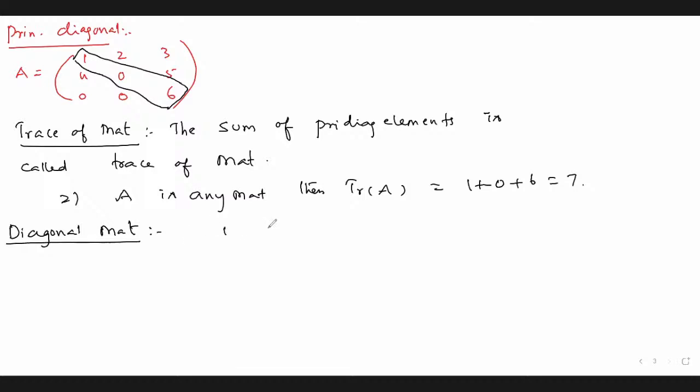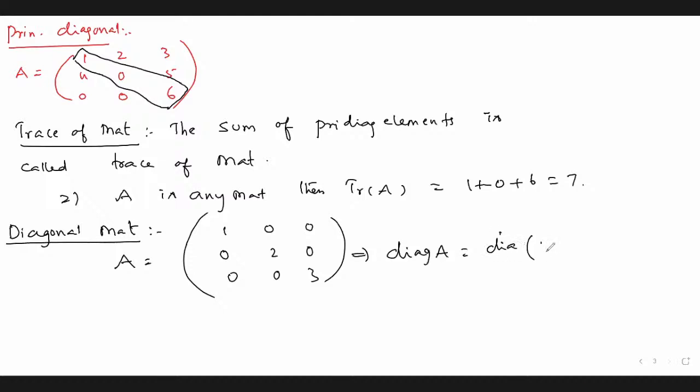Suppose 1, 0, 0, 0, 2, 0, 0, 0, 3. This is called a diagonal matrix. If capital A is equal to this, you can also write A as diagonal of 1, 2, 3.